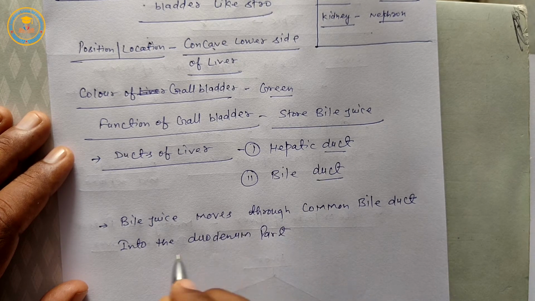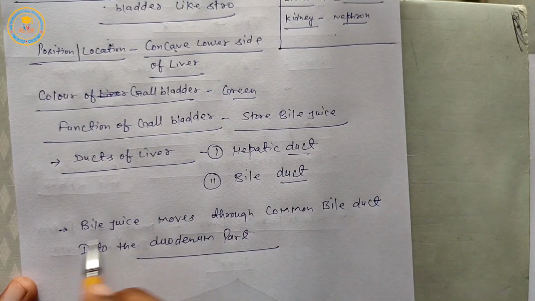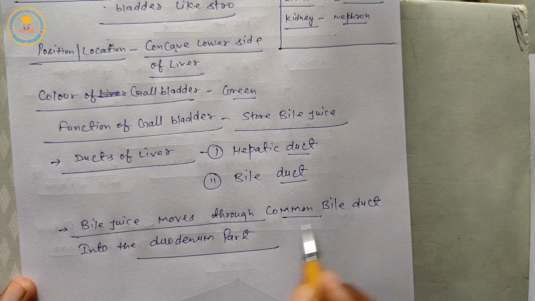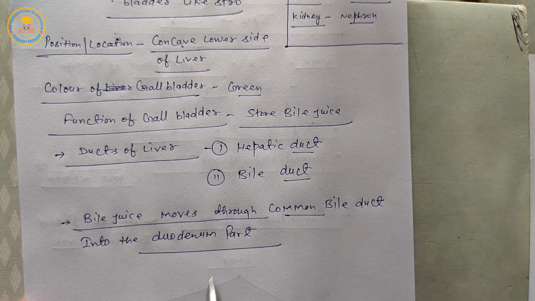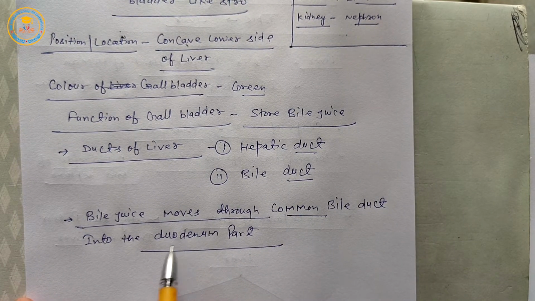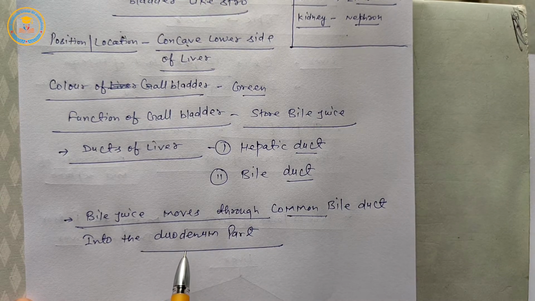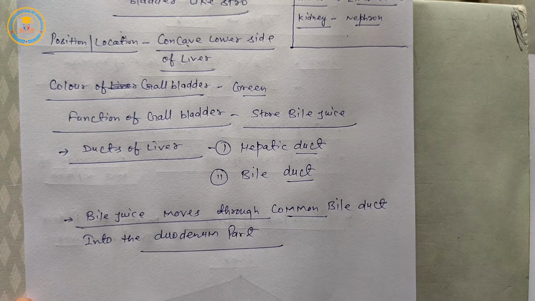Duodenum is a part of small intestine, the first part of small intestine.